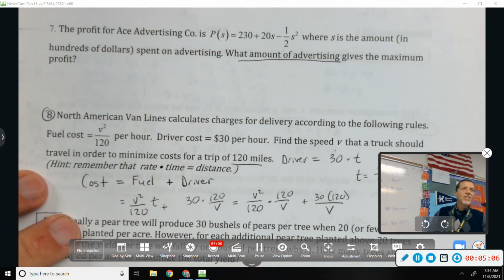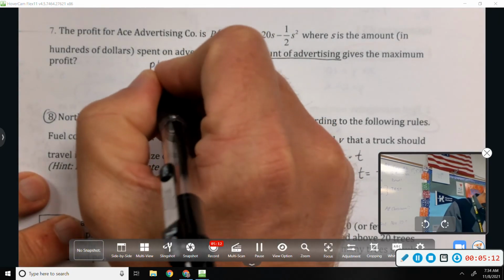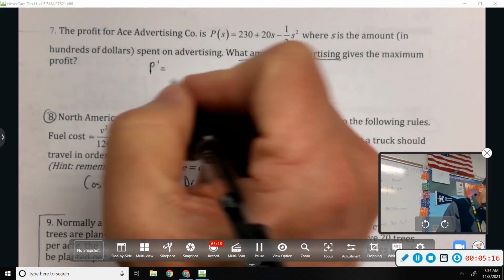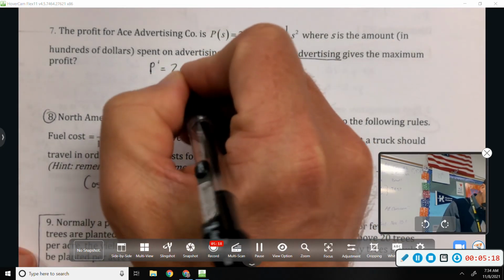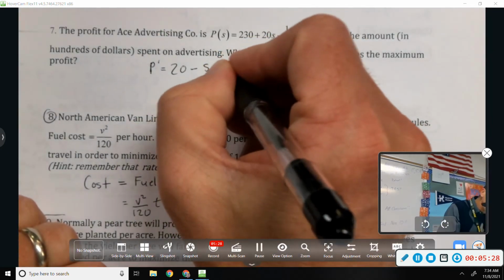Is my key online? Does it tell me what P is? Well, let's just work that one. P prime would be 20 minus S. This is like the most straightforward optimizing problem you could have, right? It gives you the equation. It's easy to take a derivative, easy to set it to 0.